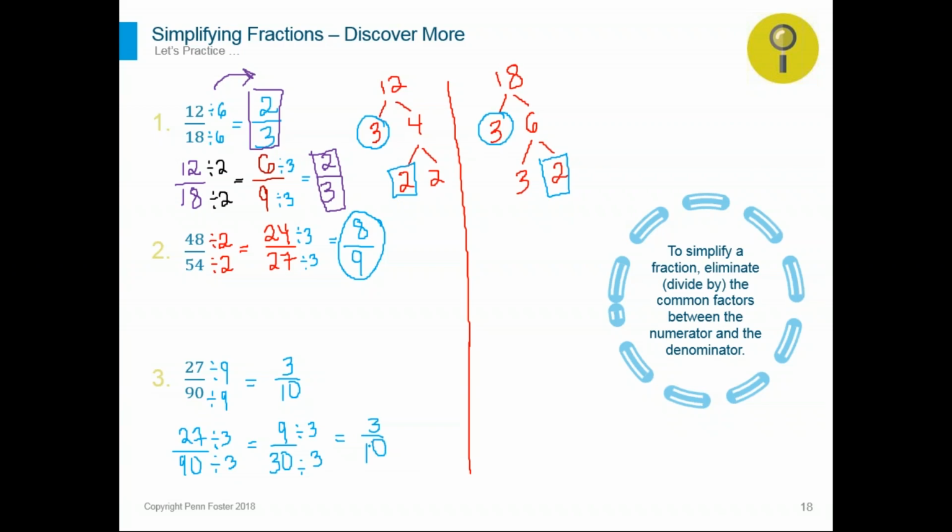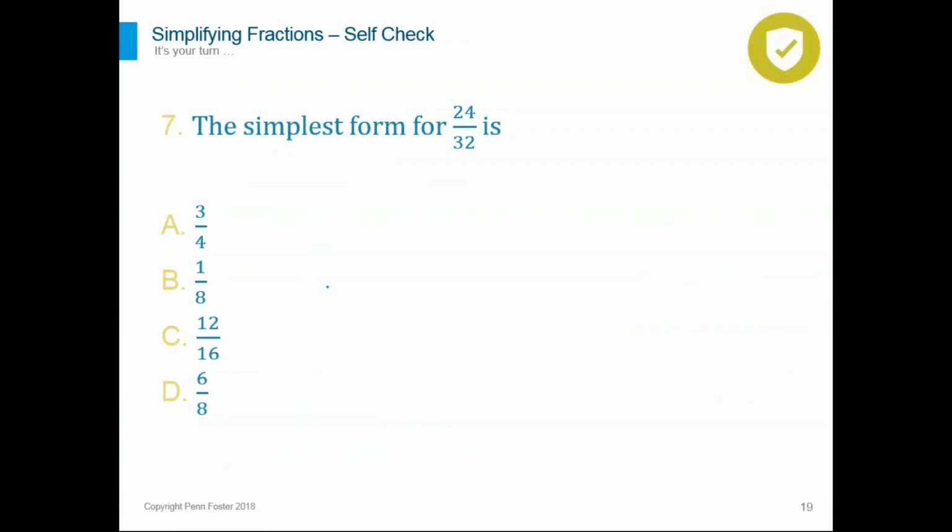That's it. Let's do a practice question and see how we're going to do with that question. The simplest form for 24 over 32 is... You can use the tree method, list all the factors for both numbers, circle the common factors, multiply them together, and then in one step, you're able to find the simplest form of that fraction, or you can look at the top and the bottom and realize something there, and that would be the start for simplifying the fraction.